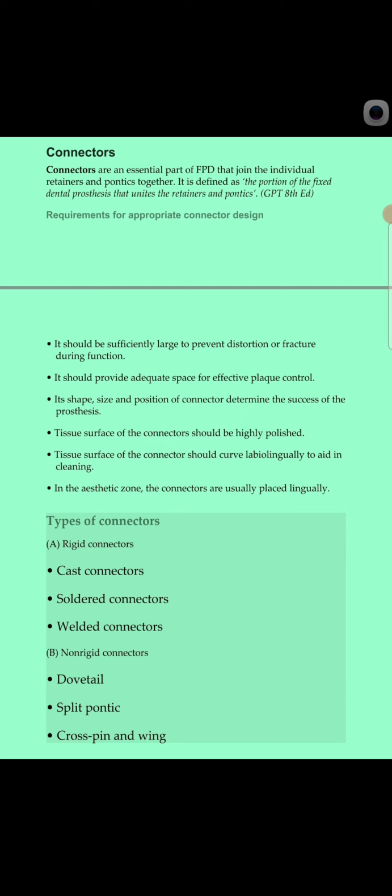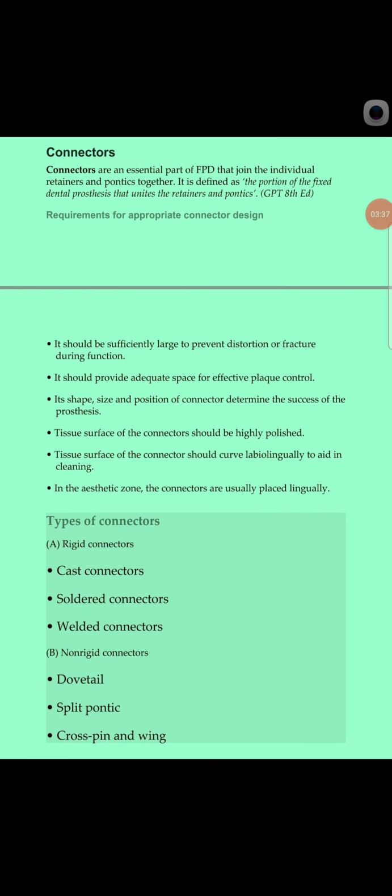Now in rigid connectors there are three subtypes, and in non-rigid connectors again there are three subtypes. In rigid connectors there are cast connectors, soldered connectors, and welded connectors. Second, in the non-rigid connectors there are the dovetail, split Pontic, and cross pin and wing.